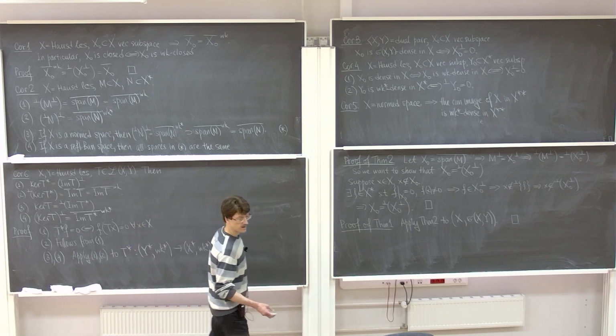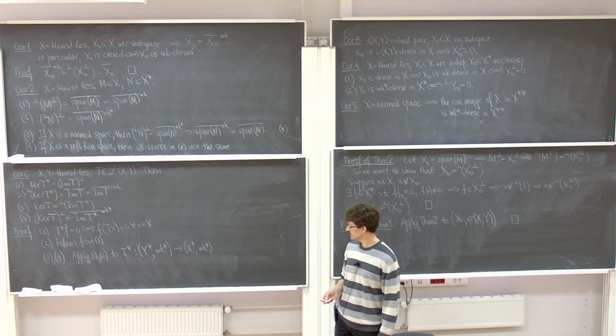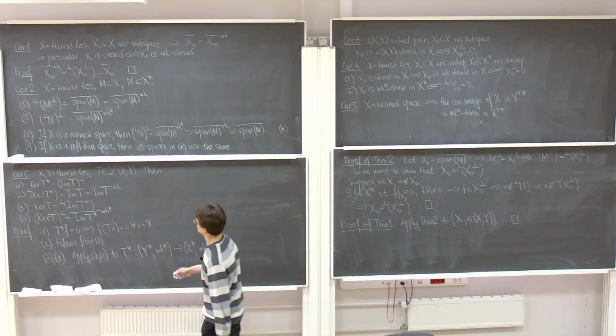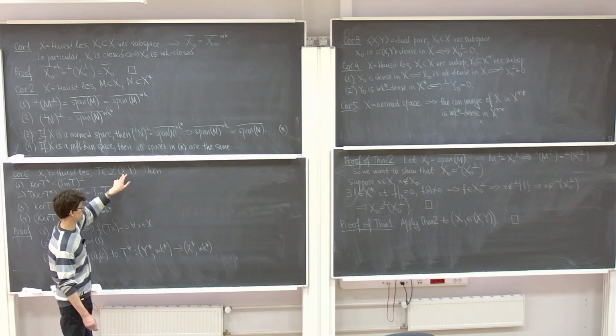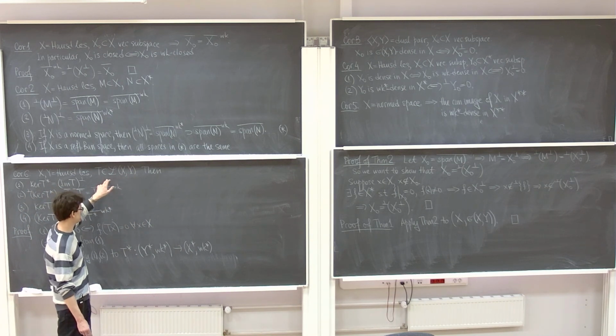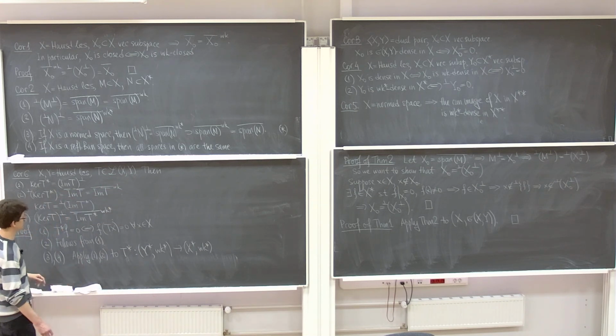I was asked why T star is continuous, if T is just a linear function. No, T is continuous. T is a continuous linear operator from X to Y. Script L is the space of continuous linear operators. I didn't introduce any special notation for all linear operators.